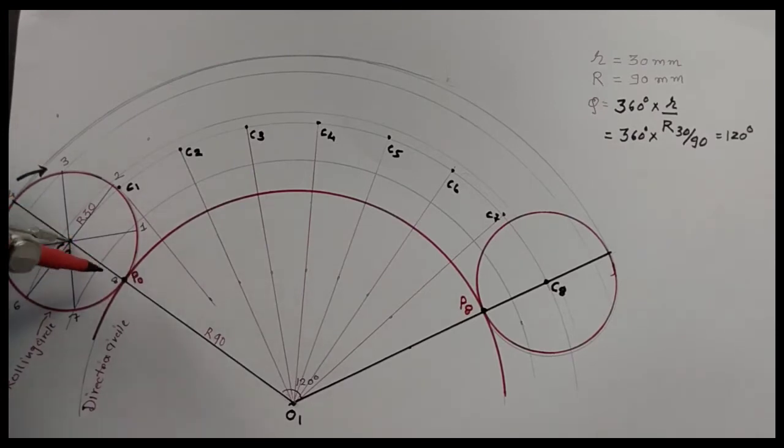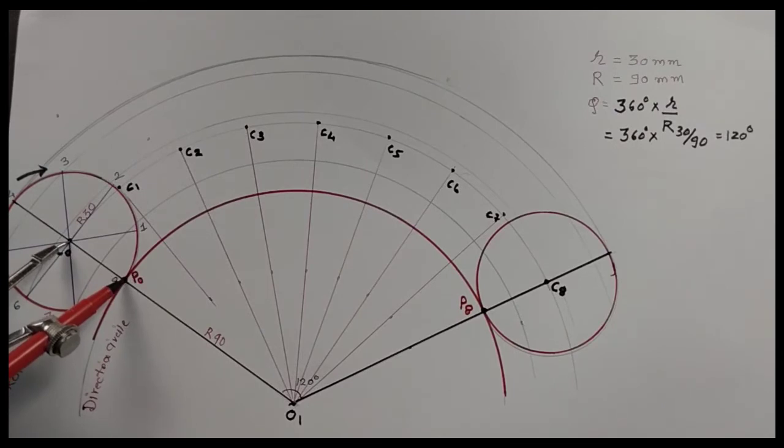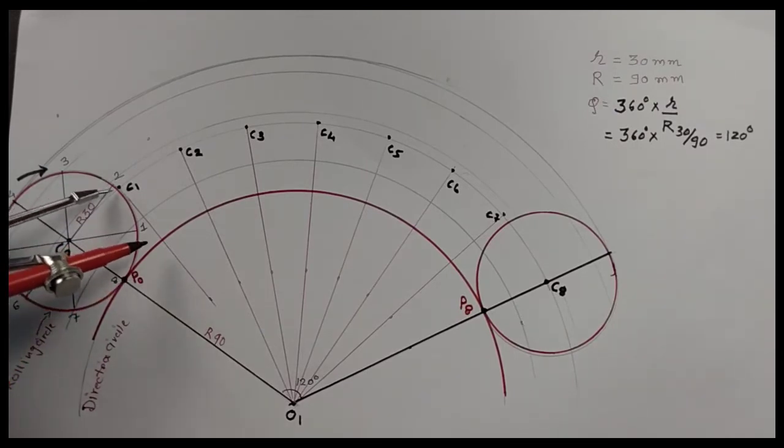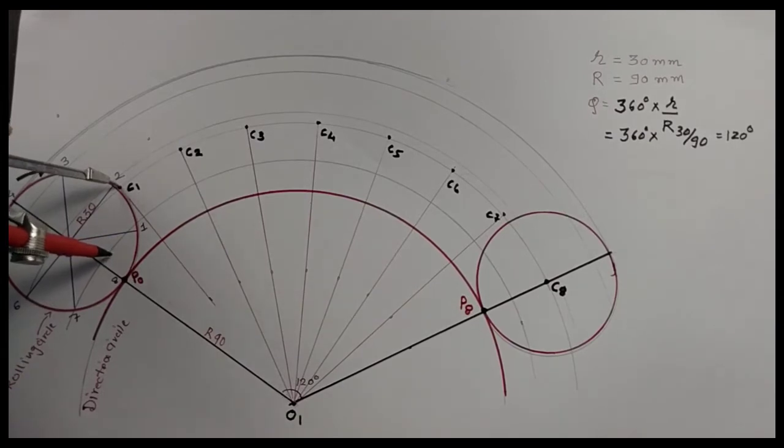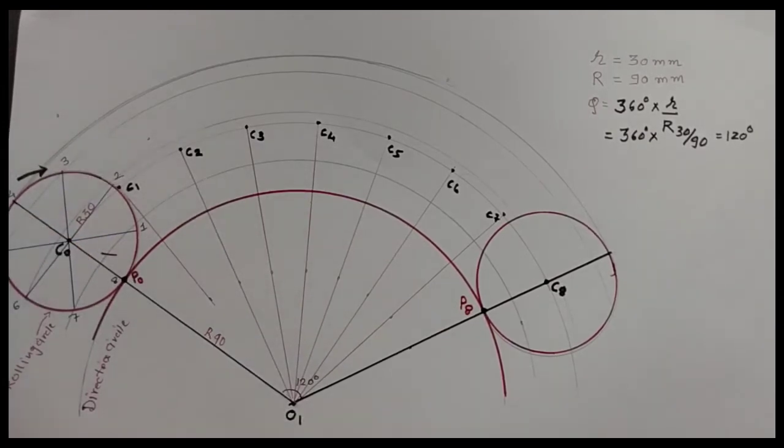C0 is the center and we draw the arc on the 0 circle, so that is P0. Similarly you can choose C1 as the center and draw the arc on the first circle.